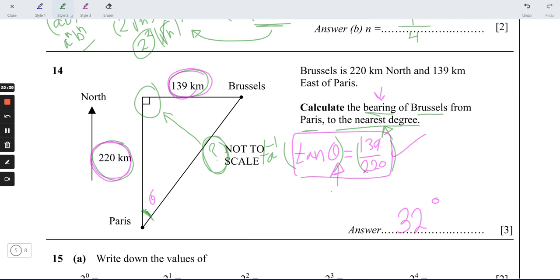Tan inverse with tan theta gives us theta, so theta equals tan inverse of 139 divided by 220. For this I used my calculator, and the first thing I wrote is tan inverse.